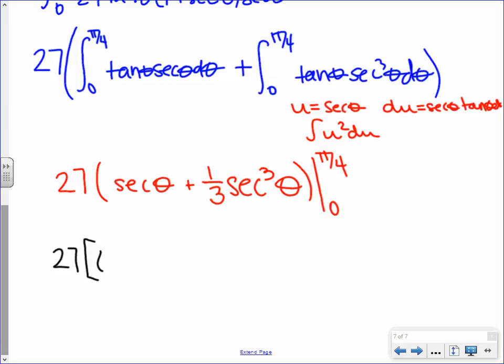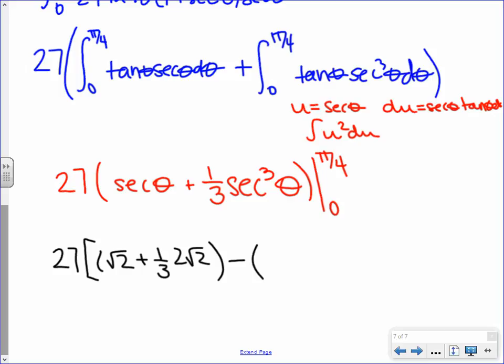Secant of pi over 4. Plus 1/3 of square root of 2 cubed. So 2 radical 2. Right? 2 cubed is 8. Radical 8, 2 radical 2.